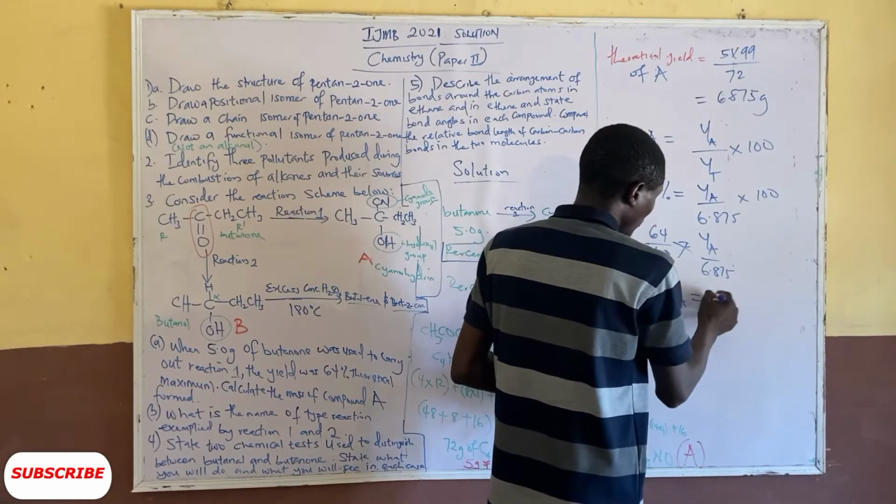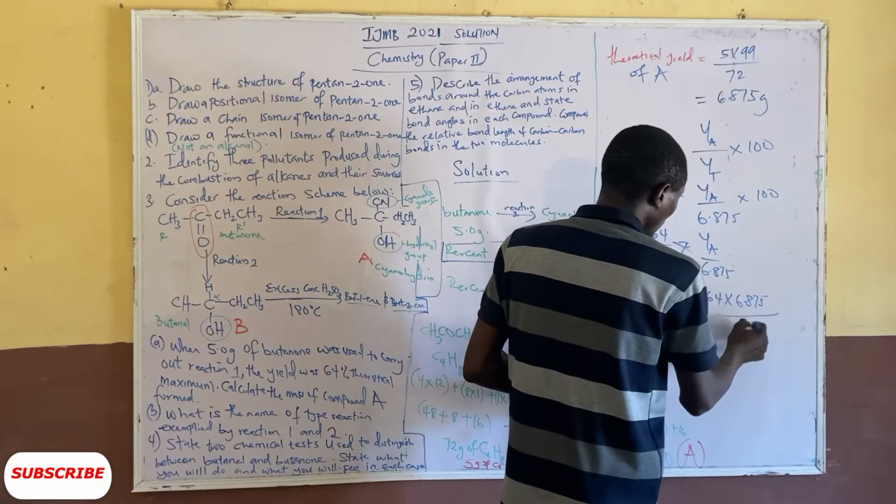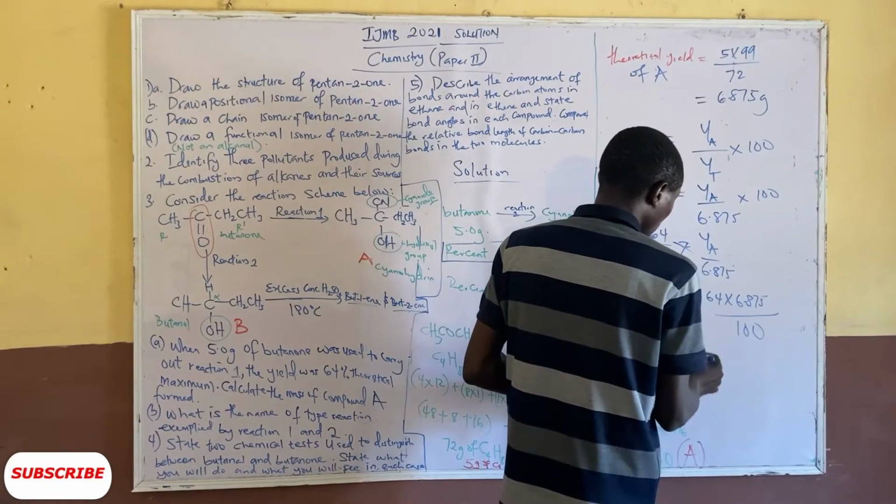So by cross multiplication, we have the actual yield equal to 64 times 6.875 over 100.